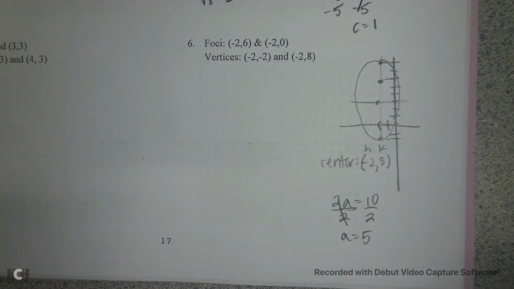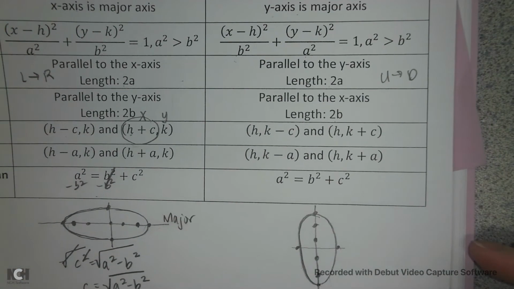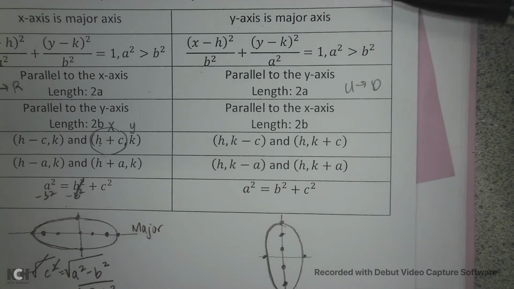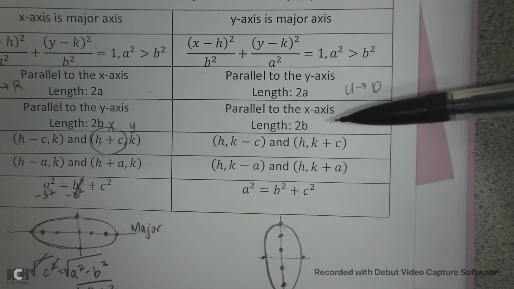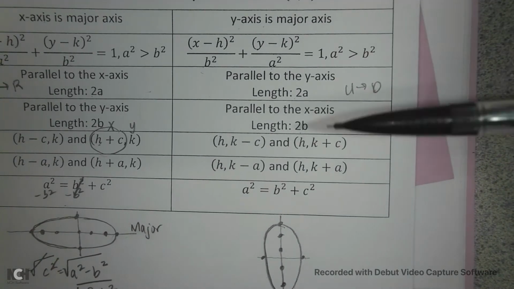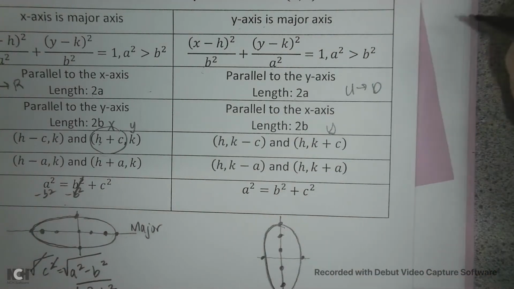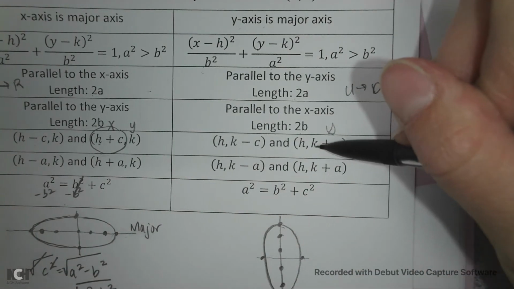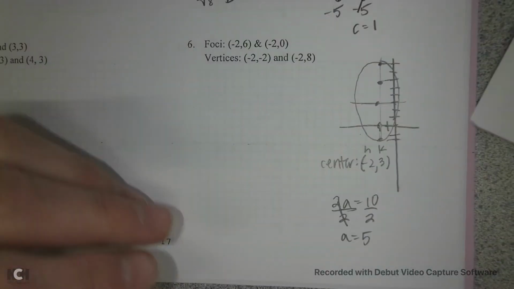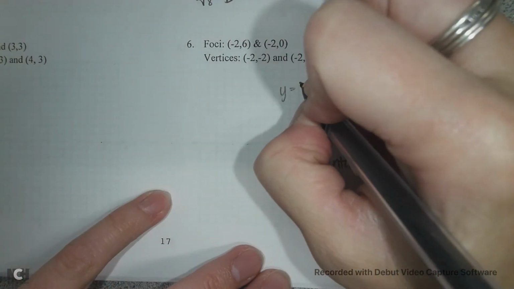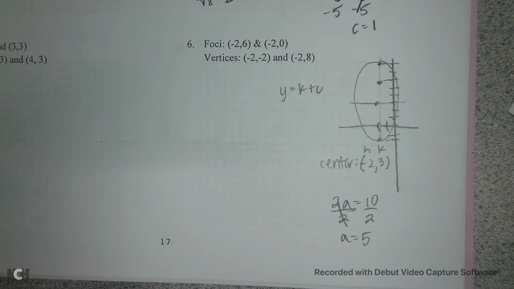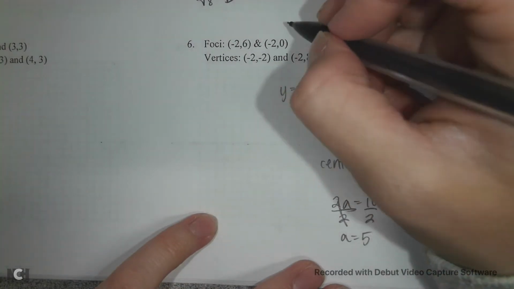All right, so now we need to figure out our C. On the vertical, it shifts, so you have to be careful. A few things are different on the vertical. So when I'm looking at my focus, I'm looking at my Y value of my focus, and that's equal to K plus C. So Y equals K plus C. And that is the Y on my focus.